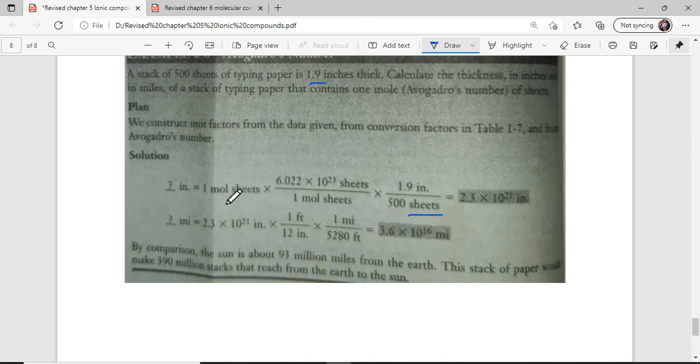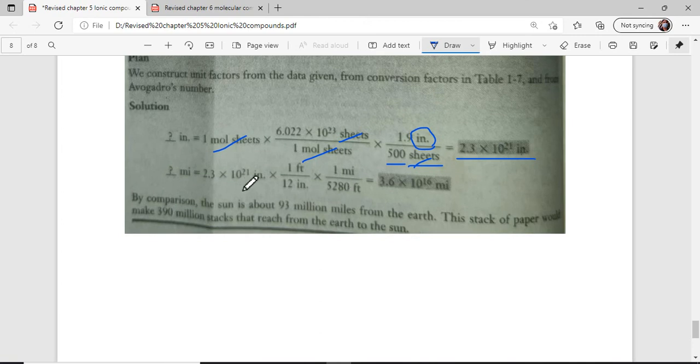To cancel out, the 1 mole of sheets cancels with Avogadro's number, leaving you with inches. Multiply 1 by 6.022 times 10 raised to 23 and 1.9, then divide by the 500 sheets. You have the answer of 2.3 times 10 raised to 21 inches.